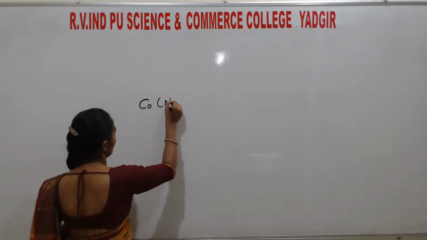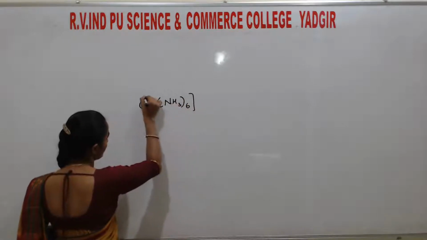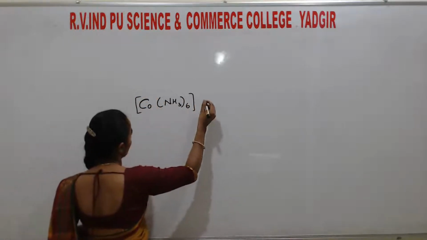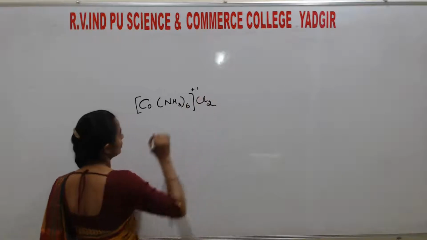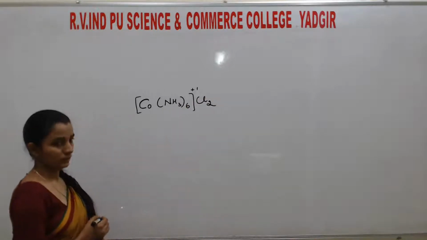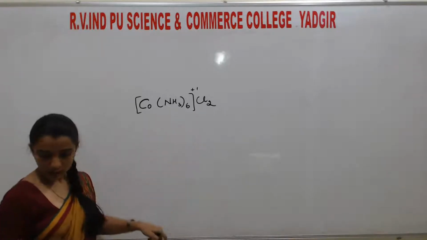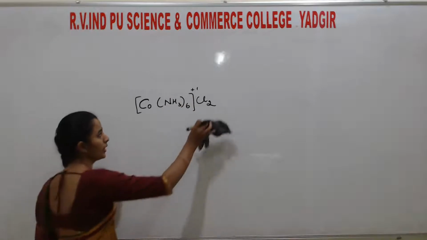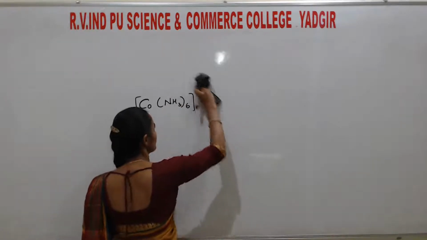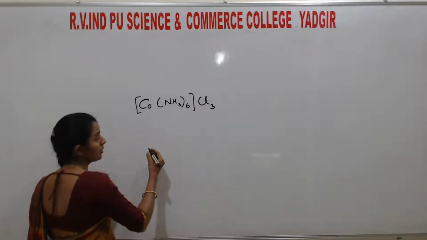Co(NH3)6 Cl3. If you dissociate, how does it give?